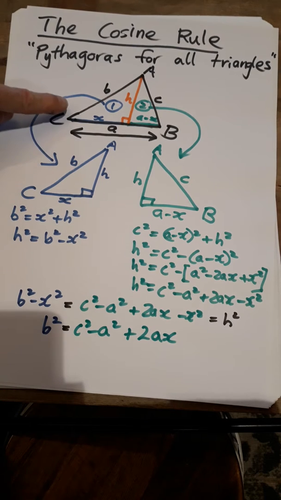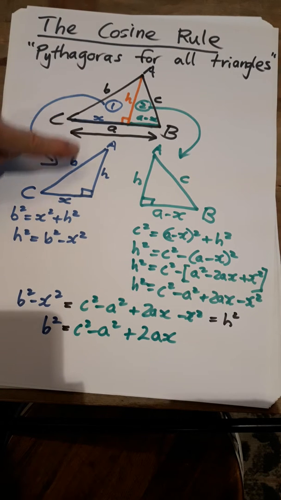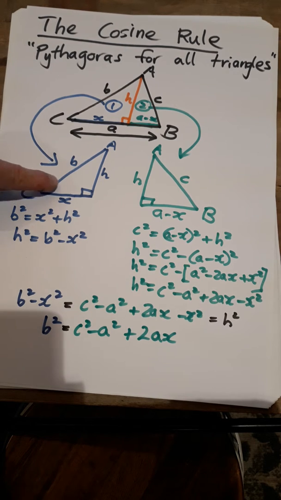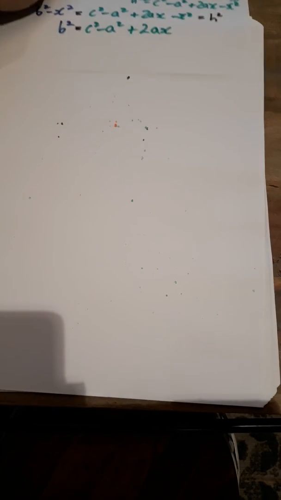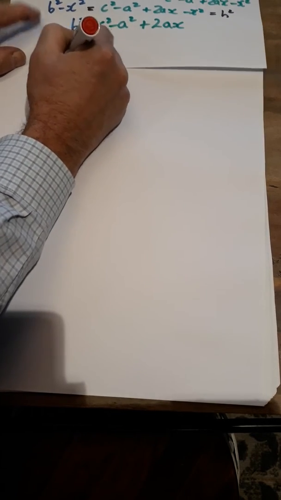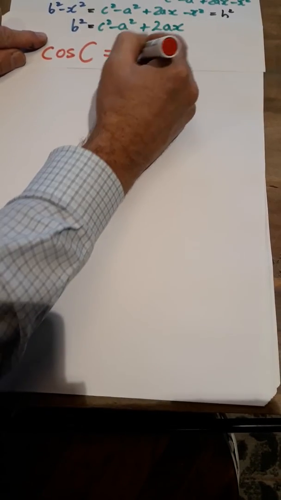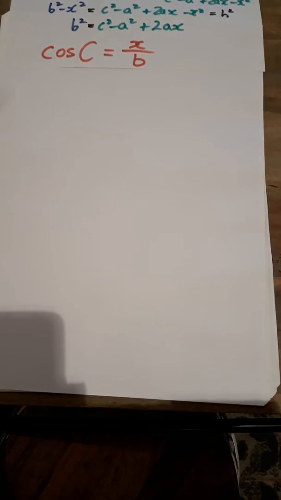Well, I can look back up at this first triangle here and I can see that by trigonometry I can do cos of the angle C, and that's equal to the adjacent on the hypotenuse. Cos C equals x over b. I'll write that down here. Cos of C equals x over b.